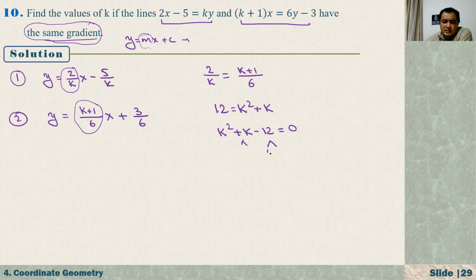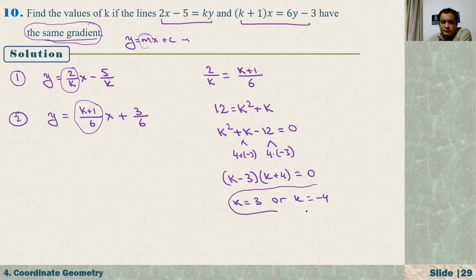Actually, it is 4 and negative 3, and 4 plus negative 3 is equal to 1. So we can factorize it as (k minus 3)(k plus 4) equals 0. From here, k is equal to 3 or k is equal to negative 4.